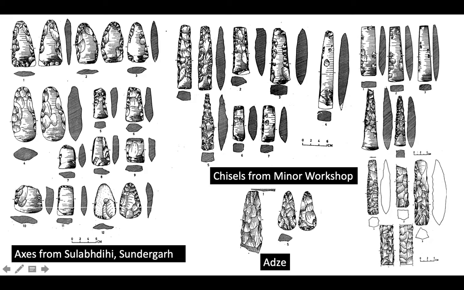Those are what we do see, partially chipped and ground. And the next one is the fully ground and polished axe. So the fully ground and polished one has also been found in the case of the sites in the Sulabhdihi area. This is also kind of the finished one.